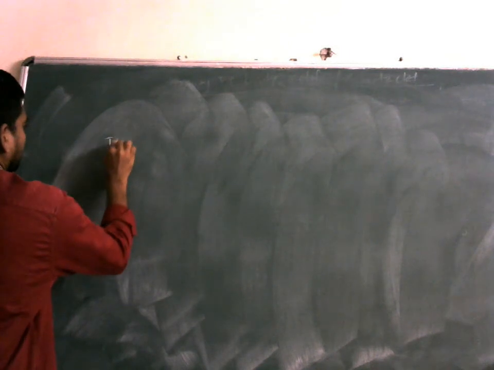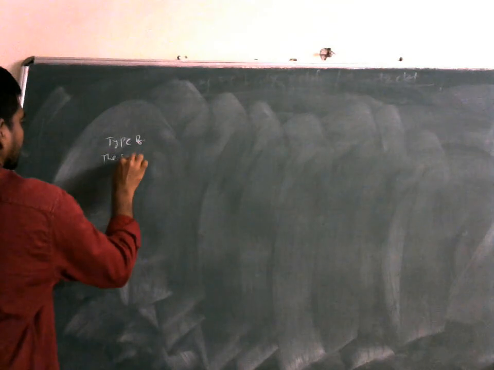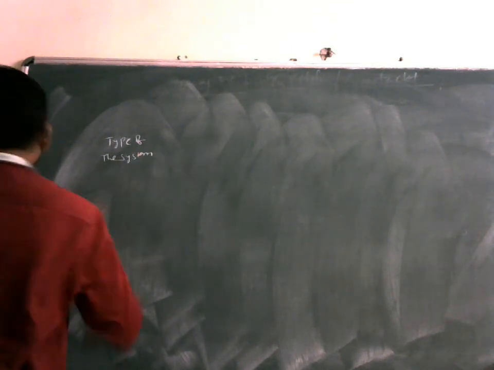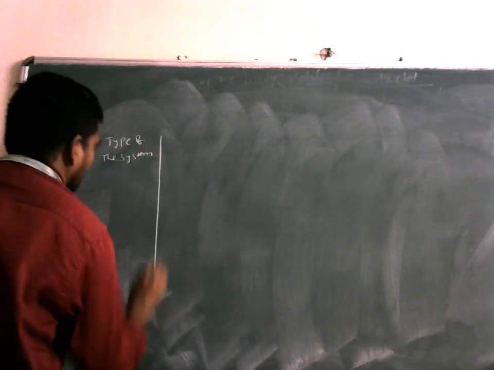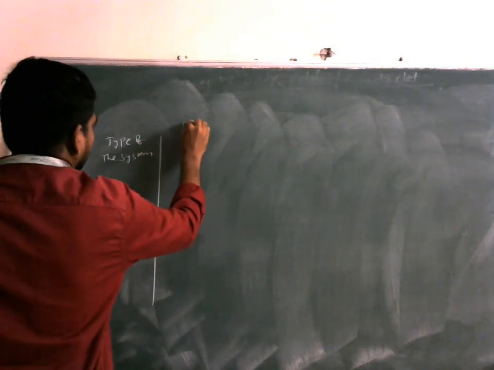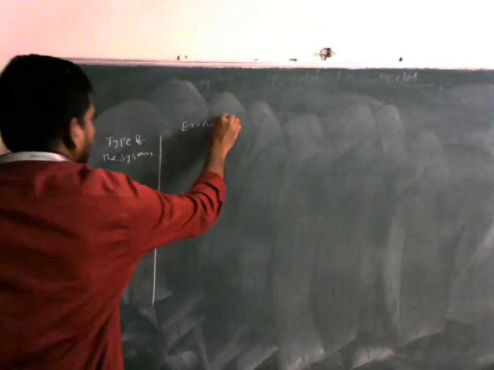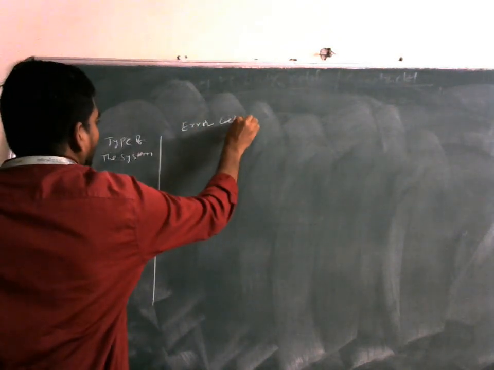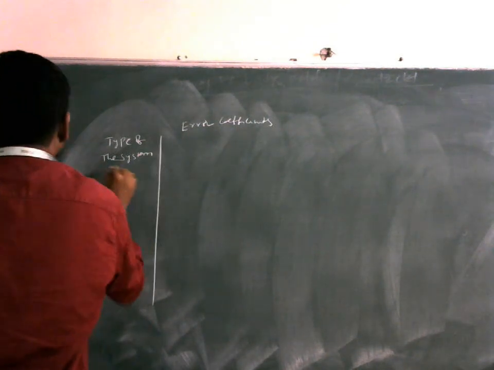We can take here the type of the system, and next we are having the error coefficients. That means what is the type here?